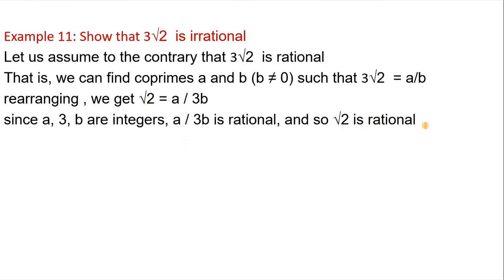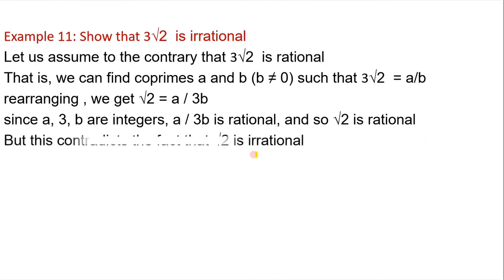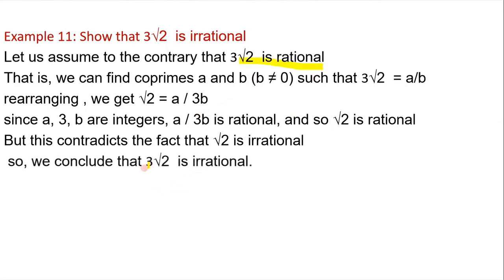This contradicts the fact that root 2 is irrational. We already proved in the previous videos that root 2 is an irrational number, but here we are getting root 2 as a rational number when we substitute any values of a and b. So this contradiction has arisen because of our incorrect assumption that root 2 is rational. Hence we conclude that 3 root 2 is irrational.